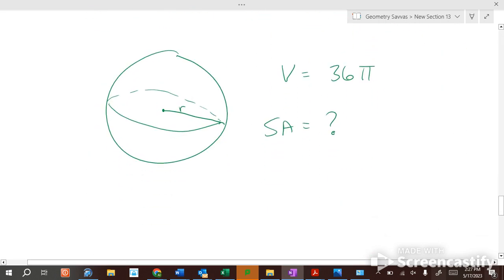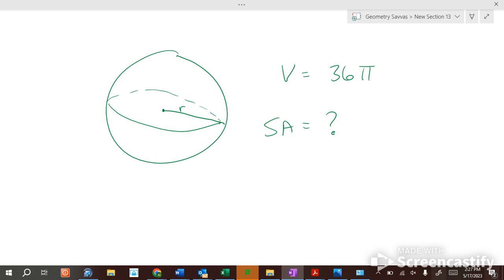If the volume of the sphere is 36 pi, what's the surface area of that sphere? Can I just go straight from volume to surface area? No, I have to find the what first so I can get from volume to surface area. I've got to get to the radius.